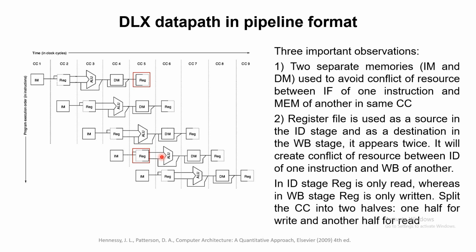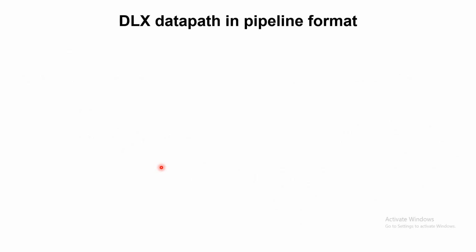By dividing this cycle into two halves, one allows writing data to the registers, and one allows reading data from the registers for the decoding stage. By doing so, we can avoid the conflict of the registers.